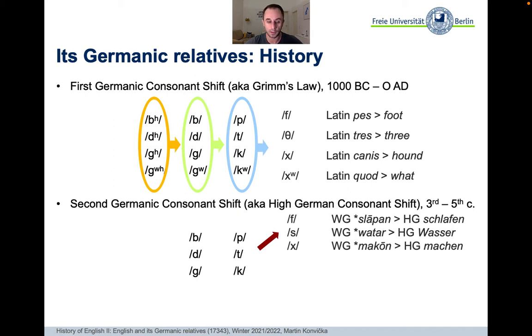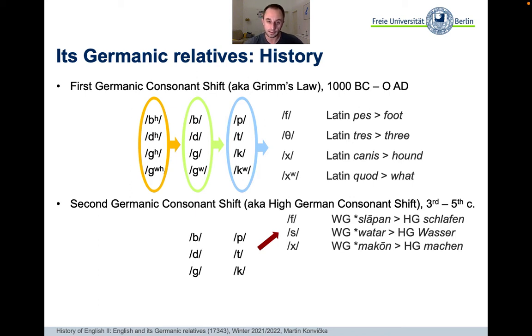I'm not going to go into detail about what these phonological contexts exactly are, but the result is that from the West Germanic slapan, which is still reflected in English sleep, we get High German schlafen, or from the West Germanic water, we get High German Wasser. The intervocalic t changes to an s sound. And we also get from West Germanic makon, High German machen, so the shift from k to ch.